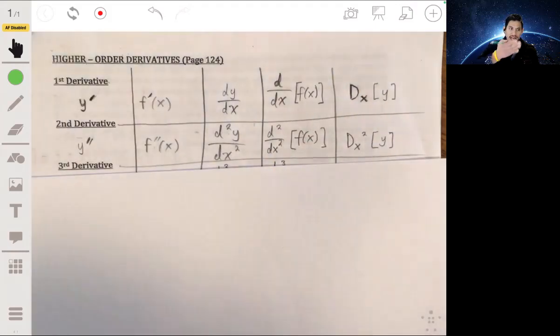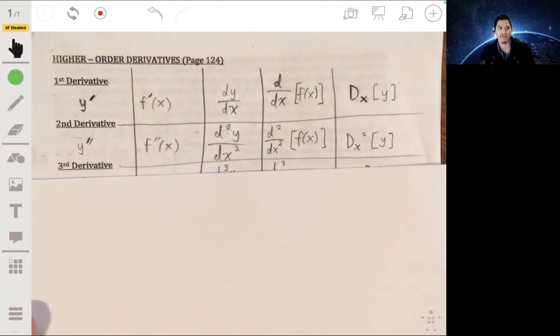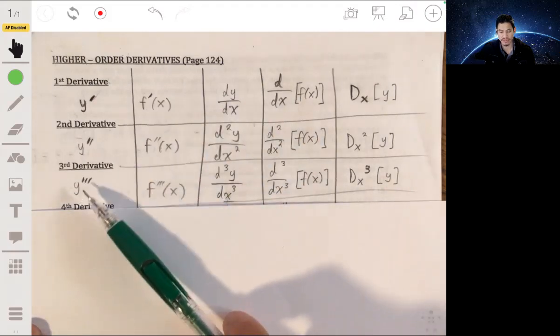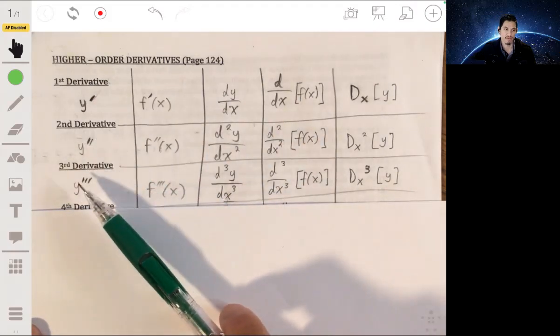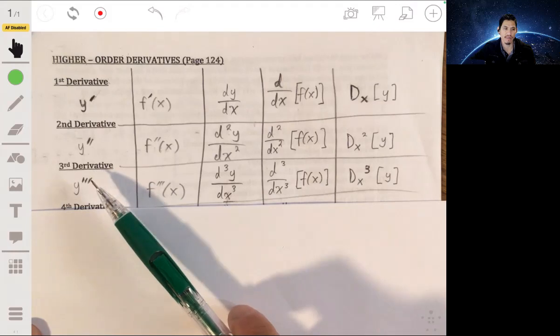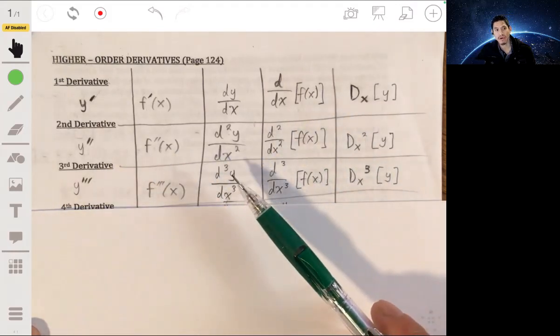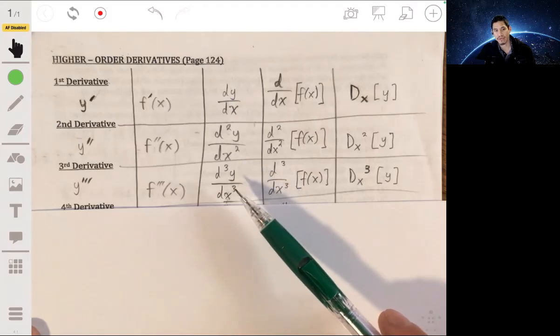And yes, you can actually take the derivative of the derivative of the derivative. You can get the third derivative, and you can basically catch on to the pattern now. We can write it as y triple prime or f triple prime of x, or d3 y over dx to the 3.